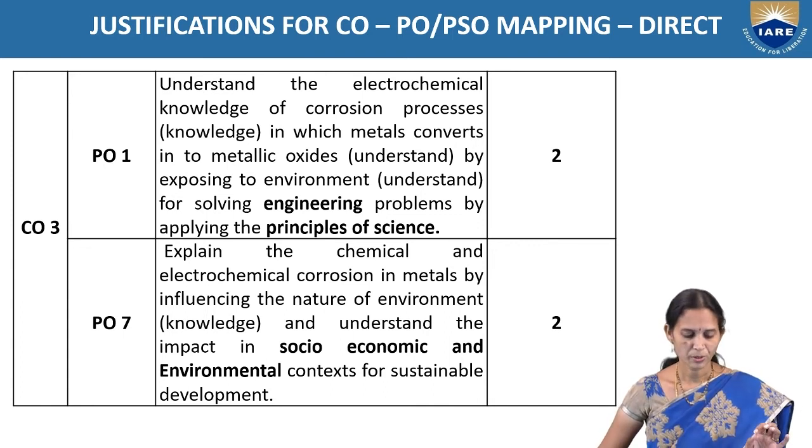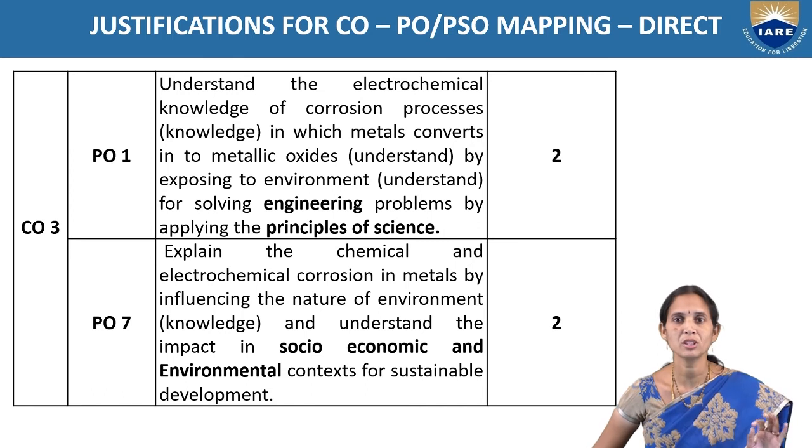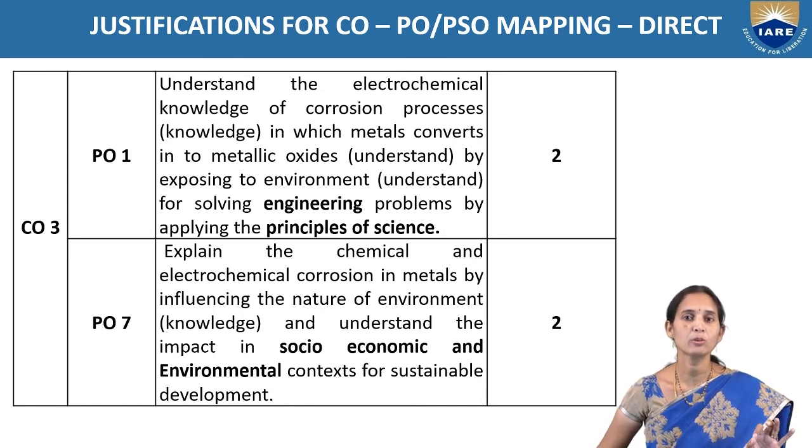So PO7 is for CO3, PO7 we are mapping. Explain the chemical and electrochemical corrosion in metals by influencing the nature of environment. Means here the students are learning the types of corrosion. There are 2 types of corrosion, dry corrosion, wet corrosion. Here how metal is undergoing corrosion by exposing to the environment.